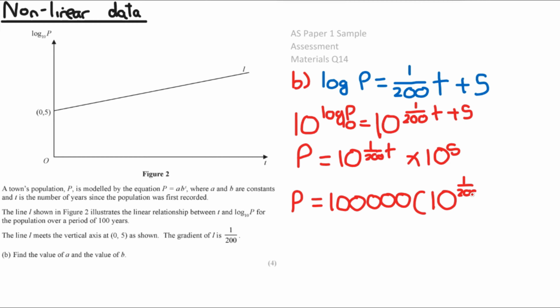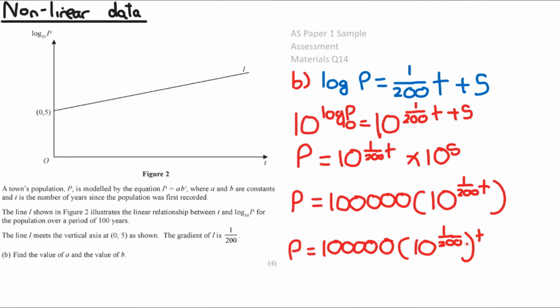And then the B part is this 10 to the power of 1 over 200 t. Now we need this b part to the power of t, so we need b to the power of t, and at the moment we've got 10 to the power of 1 over 200 t, so we can simplify this, because what we can do is separate this and put it to the power of t by doing 10 to the power of 1 over 200, and then this to the power of t, because remember that when you do these two, they actually times together.